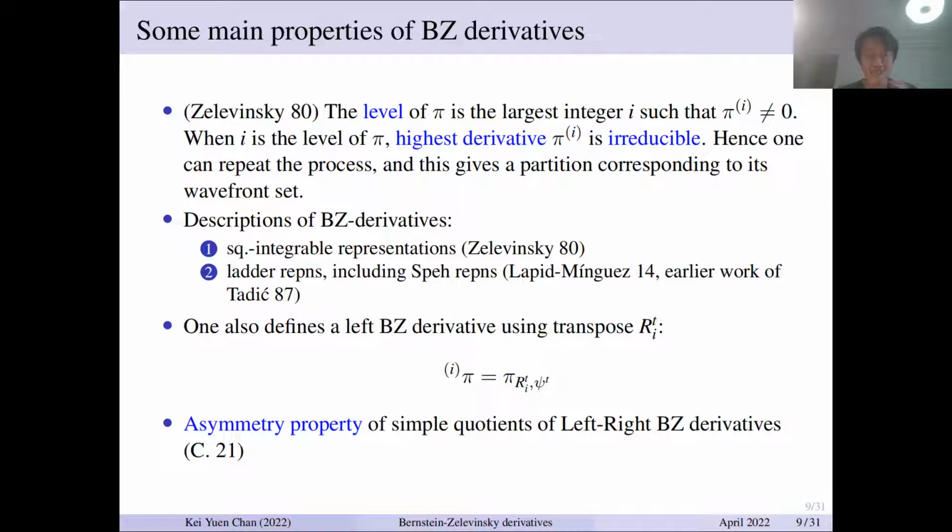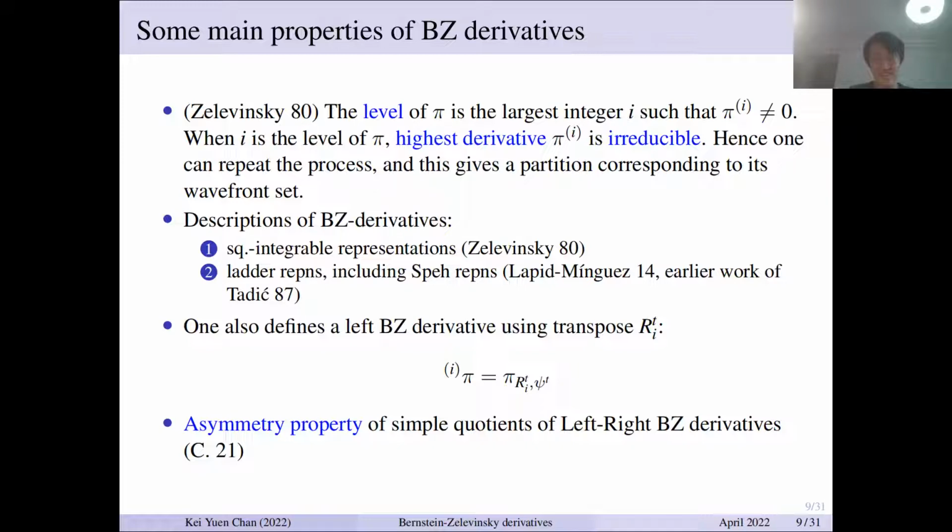For example, the square-integrable case is known by Zelevinsky in his originally defined derivative theory, in the 1980s also. And then more recent work by Lapid and Mínguez determines the derivative for the ladder representations, including those unitary one-state representations. This was earlier conjectured, around 1987.